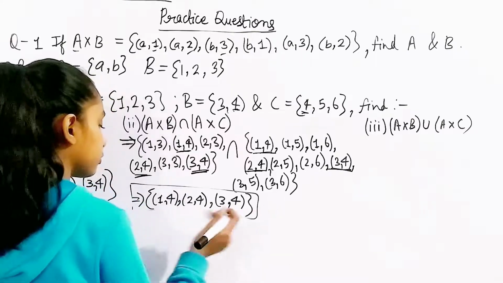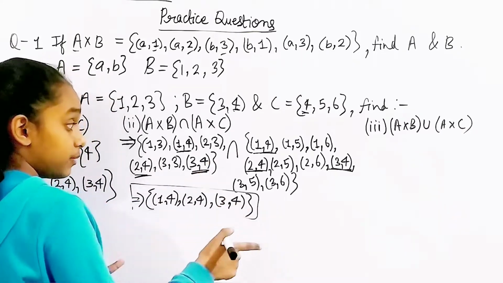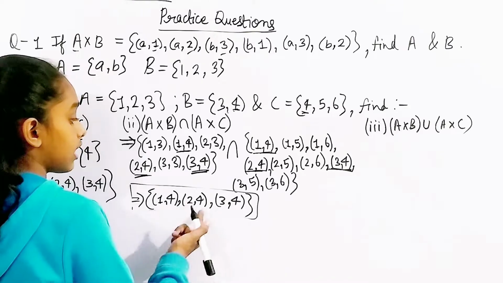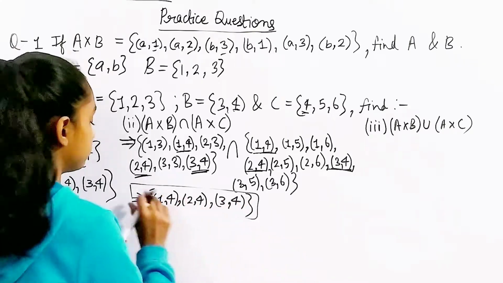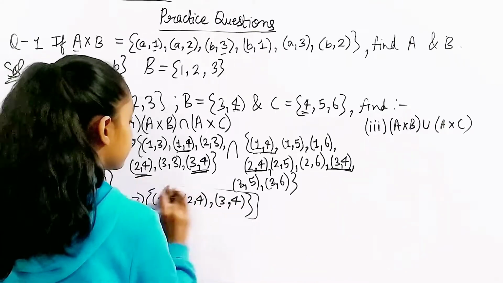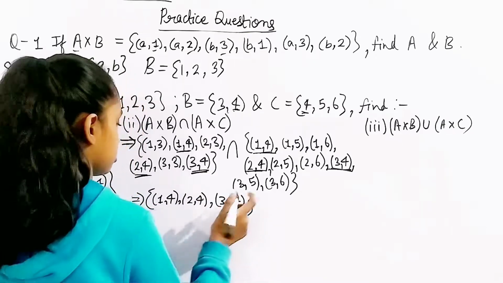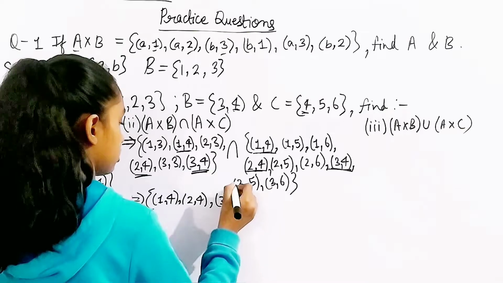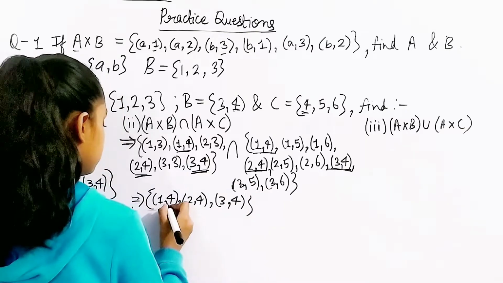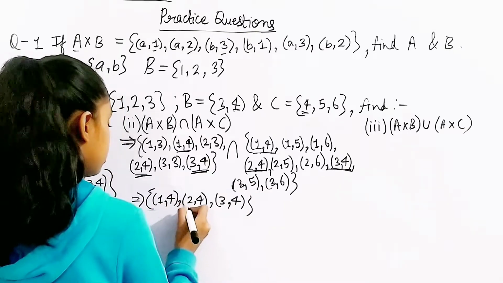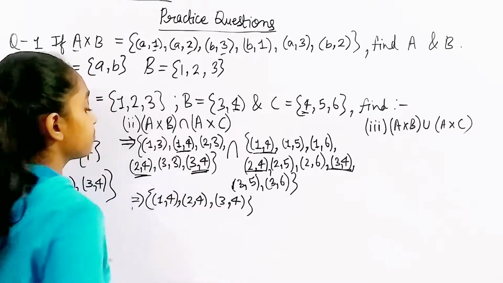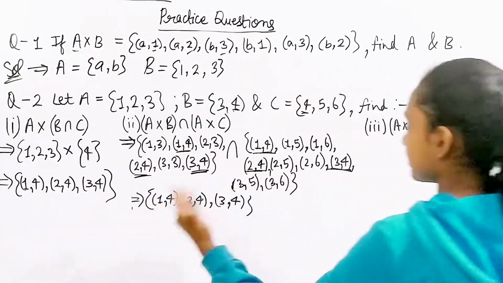Set A will be 1, 2, and 3, but set B will be only 4, as we can see that all the second elements are 4. Okay, let's just forget about it.